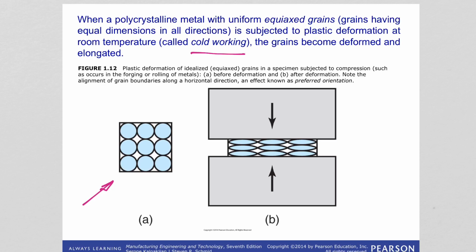Those grains, you can see, are deformed and elongated after the deformation, such as under compression, like we do during forging or rolling. And we learned that such deformation makes the material stronger, because we are disturbing the grain structure and the dislocations entangle with each other, increasing the strength of the material.